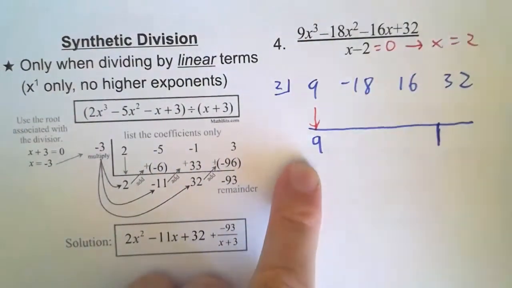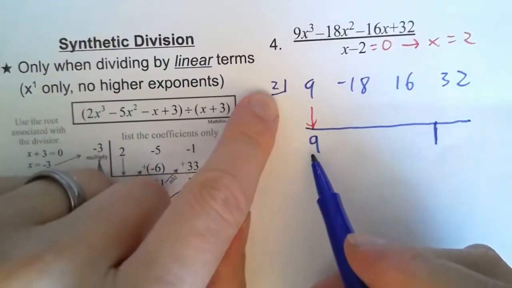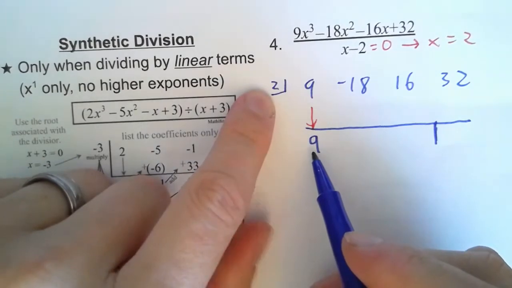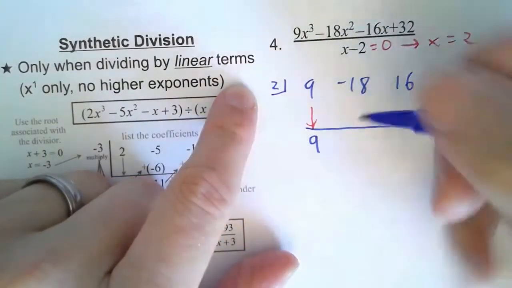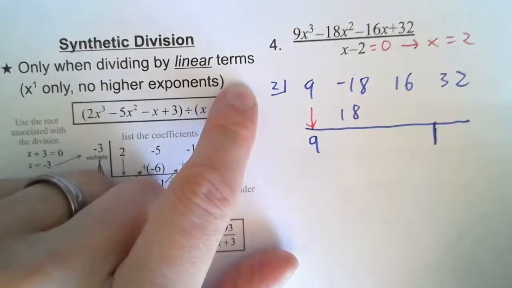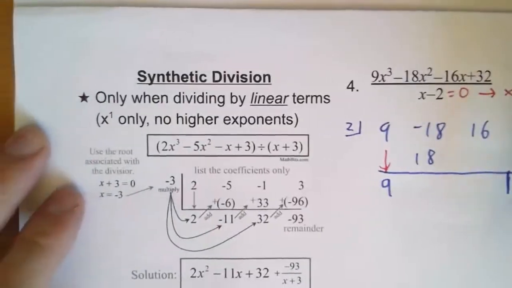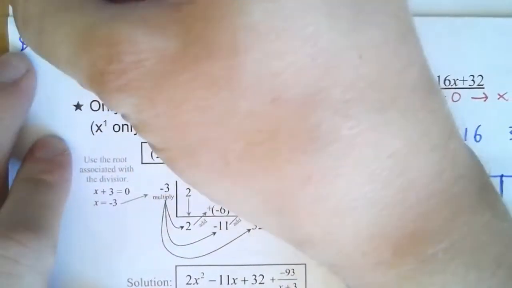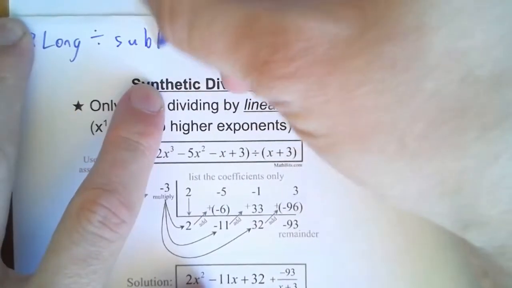But then after that, it's going to be the same process repeatedly. So we're going to multiply these two numbers, 2 times 9. So we multiply diagonally, and then we place that number up here diagonally. Now here's the thing to remember and to not get confused on. When we did long division, we had to subtract.